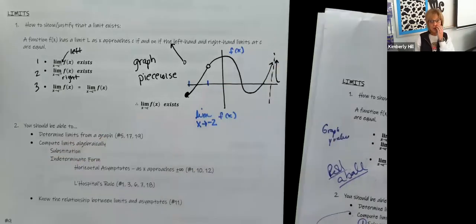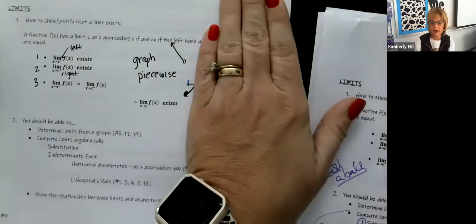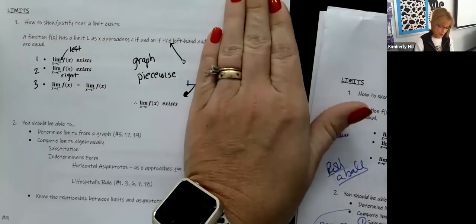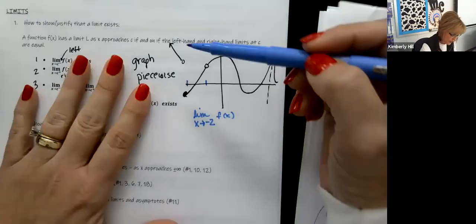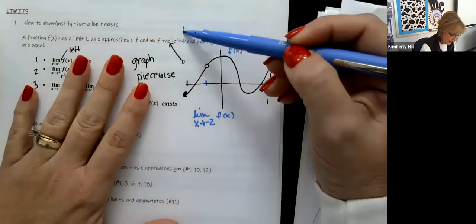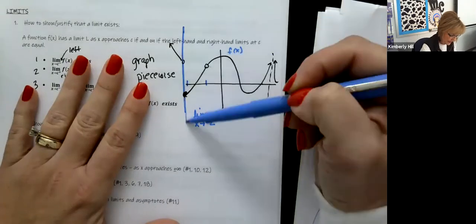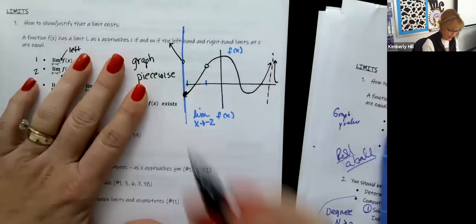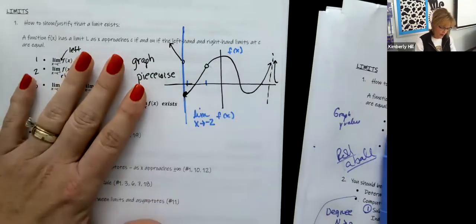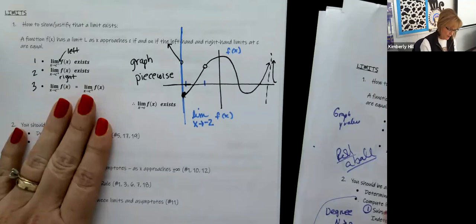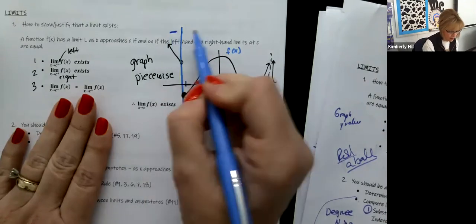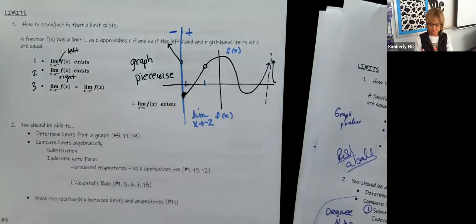I don't care about other parts of my graph. My students tend to get all torn up about what's going on way out here. Well, I don't care. What I'm caring about is x equals -2. So I have them draw a line through -2 and say, okay, that's what we're caring about. I'm caring what's happening from the left of my wall and from the right.